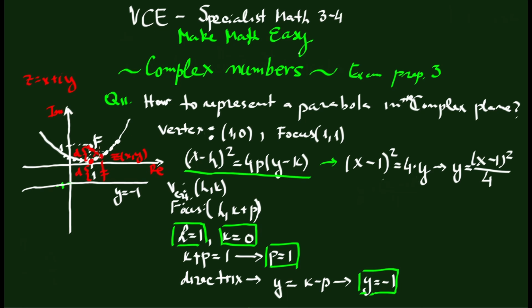This one and this one are the same, and so for this one too. Distance here and distance here are the same. So these are the distances, they're the same.